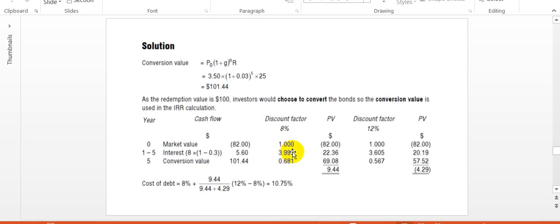You multiply by the discount factor, then you get your NPV, which is positive. We said if the NPV is positive, then you want a rate which is higher than the rate which has given you the positive NPV. So we go higher, 12%. Do the same, get your negative, replace in the IRR formula, and you compute your cost of debt.